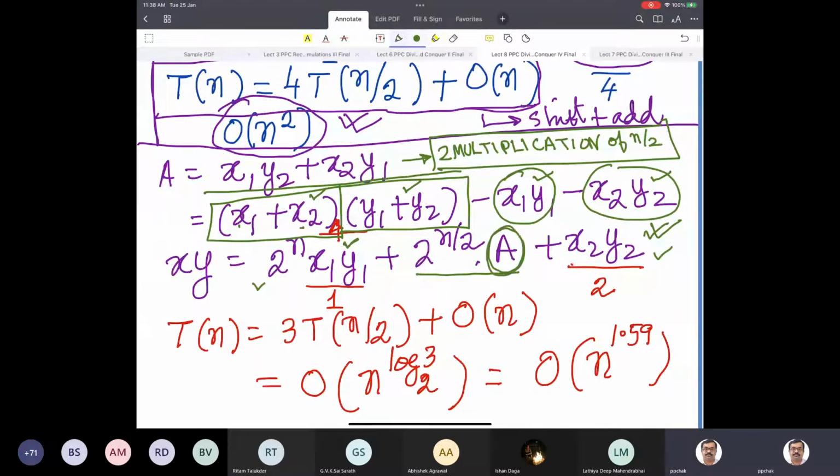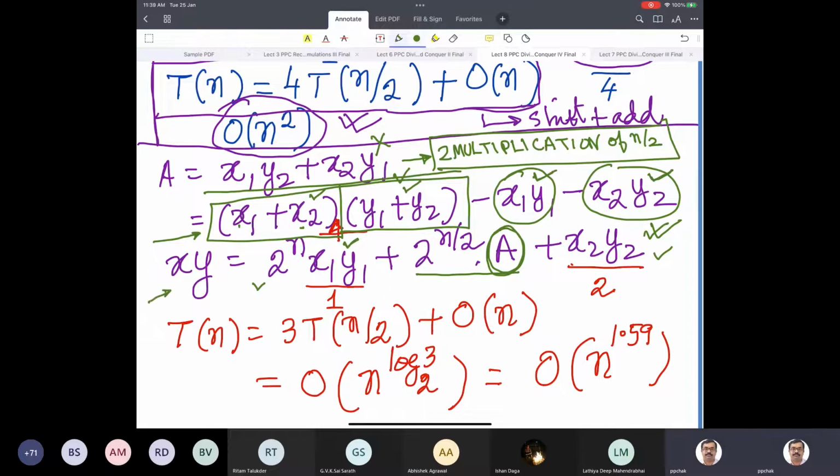This a, which was x1 y2 plus x2 y1, I have now rewritten in this form. By rewriting in this form, these two multiplications are avoided and replaced by a single multiplication here, one multiplication here, and one multiplication here.